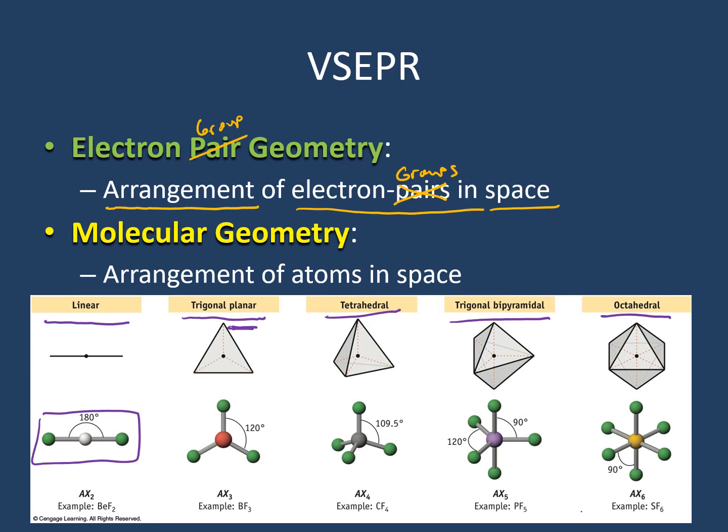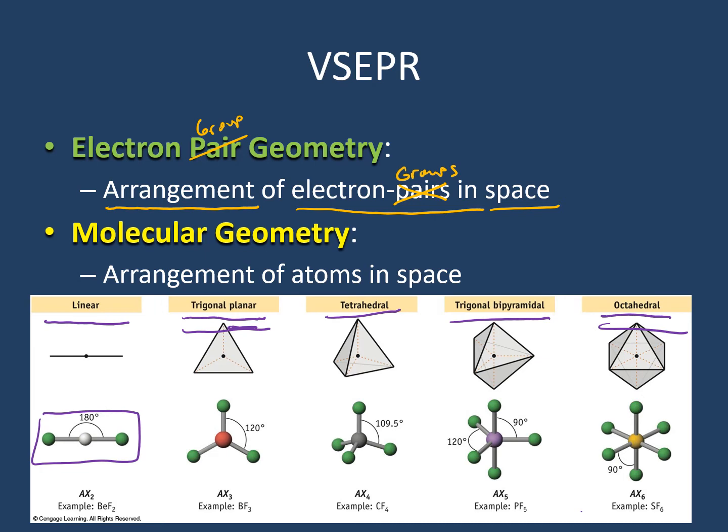Now, we're going to go into each of these things in the next couple slides. We're going to break down each one of these electron group geometries in terms of what molecular geometries are possible, what are the bond angles within each molecular geometry within that electron group geometry, as well as how to know you have a trigonal planar electron group geometry versus like an octahedral electron group geometry.